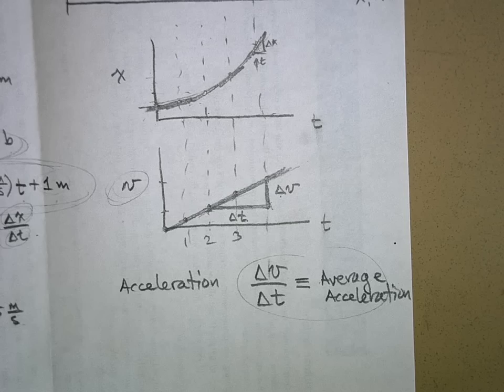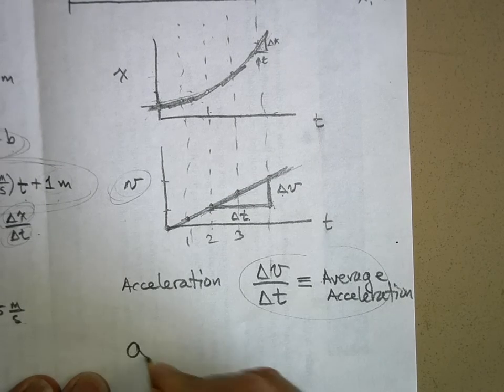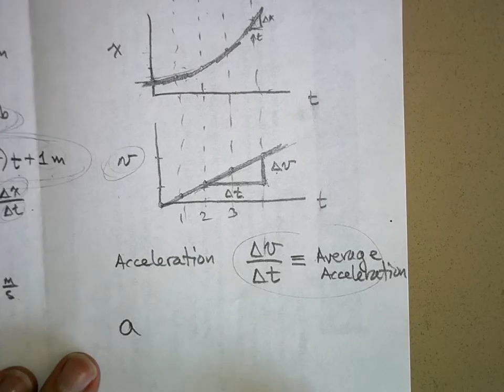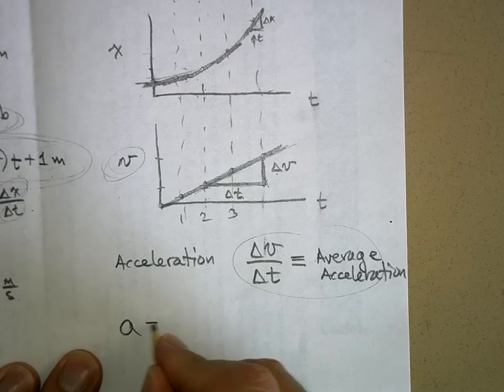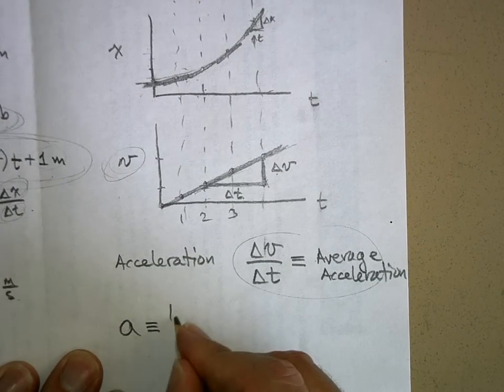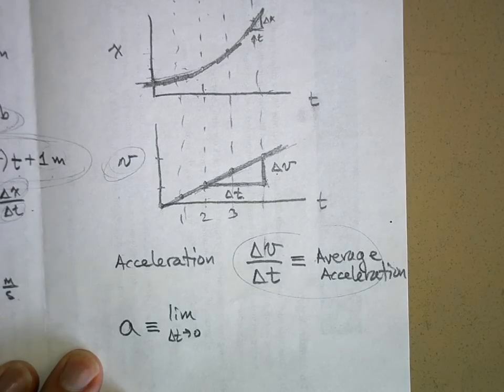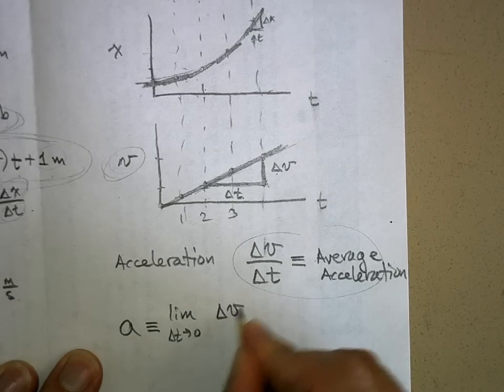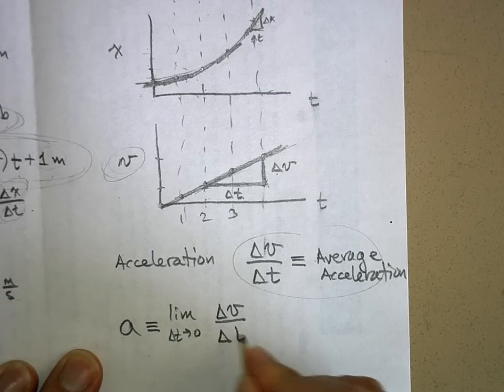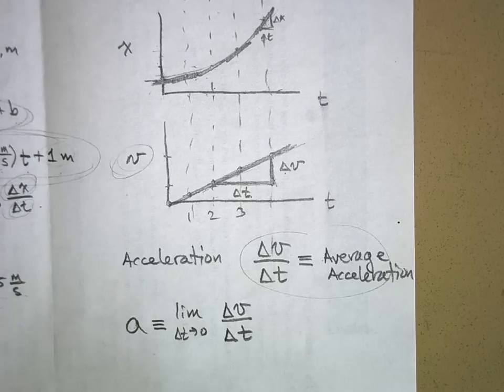Okay? So instantaneous acceleration, we use the letter a, is by definition equal to the limit as delta t goes to 0 of the change in velocity over the change in time. Okay?